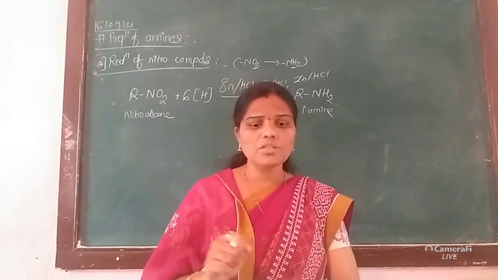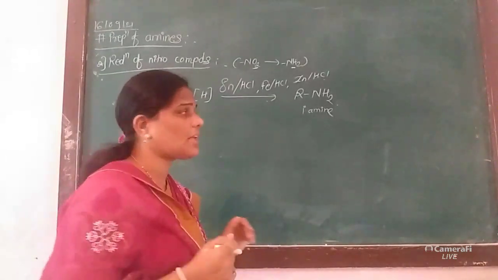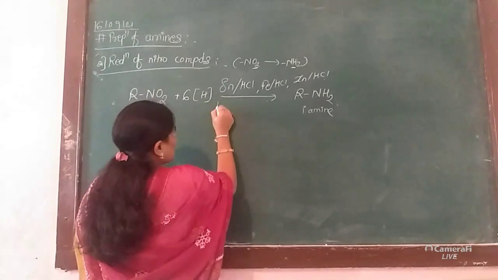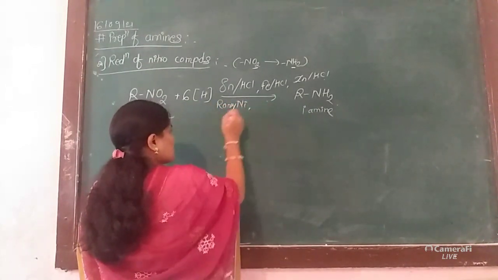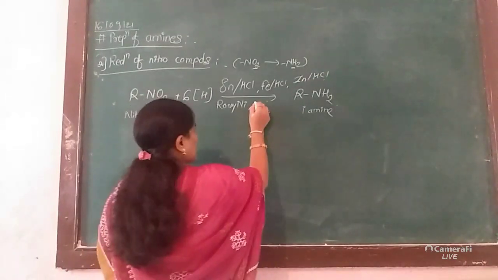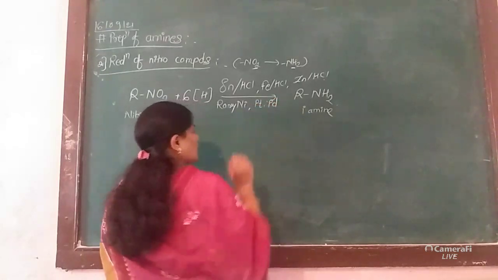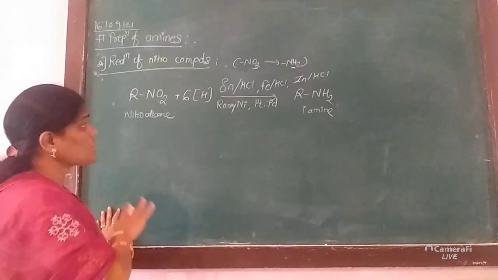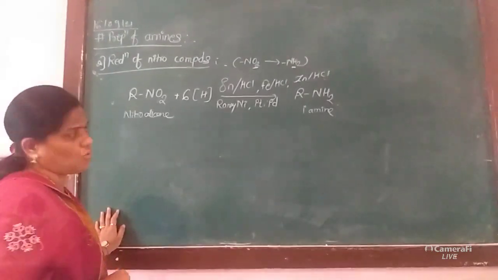Also here we use another most important, famous, popular reducing agent, which we generally use, that is Raney nickel, right? So either here we use Raney nickel as a reducing agent, or we also use platinum or palladium. Palladium, platinum, or Raney nickel also reduce the nitro group into NH2 group.